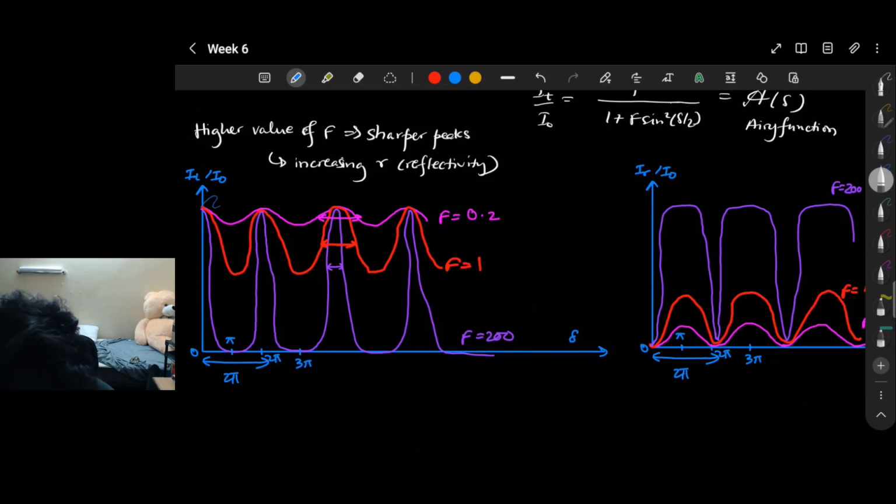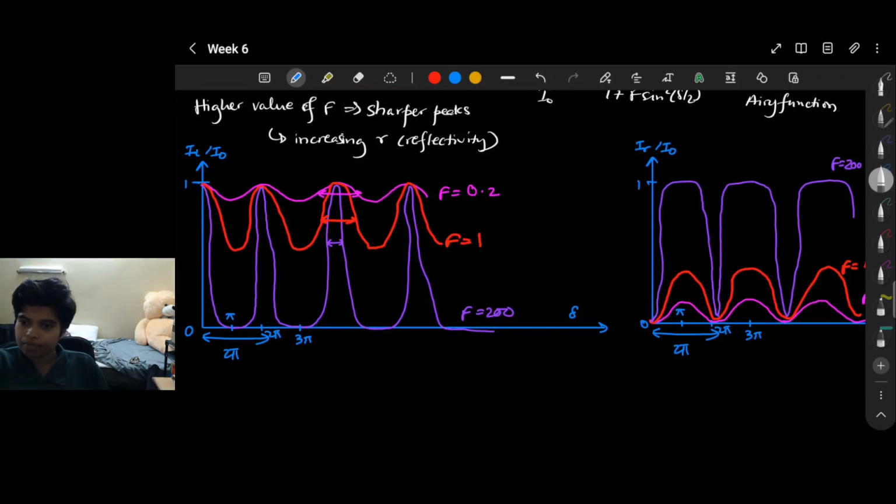And this number over here, this is 1. This is the origin with 0. This is 1. This is at 0. Okay, and this is such that we know that I r plus I t equals I naught. So the sum total of these two plots would be a flat line at 1.